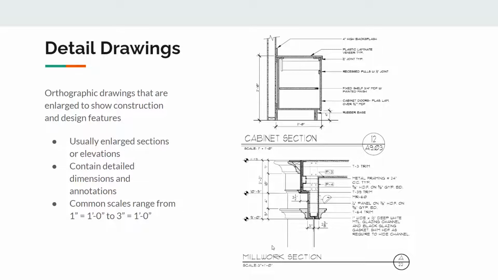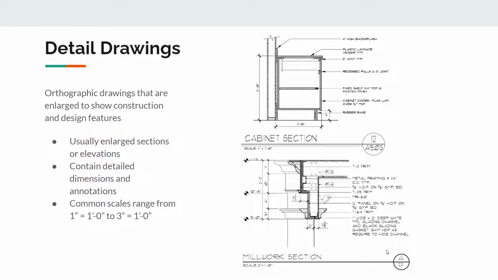So for this millwork section, for example, you can see all of the profiles of the millwork, and these are all section drawings too, like I said, right? So we're able to get a cut inside and see how this thing is going together and what all the inner workings of something are. Here, for example, for this millwork, we're going to have some piece of wood blocking behind there to support this crown molding.